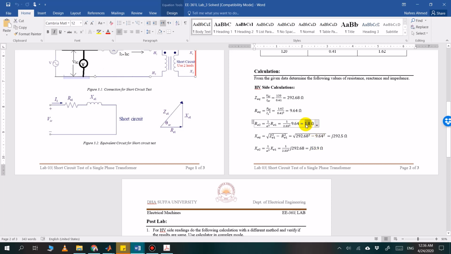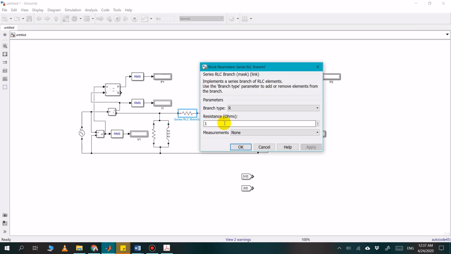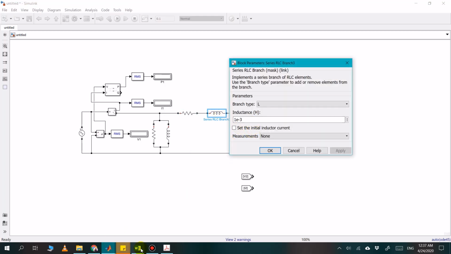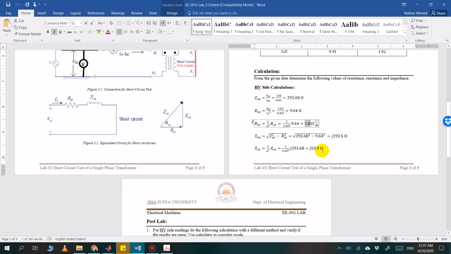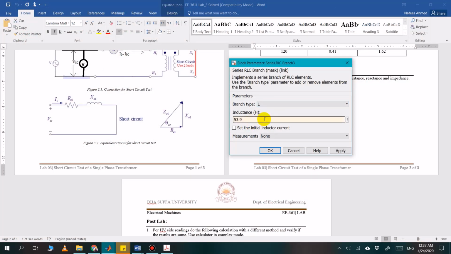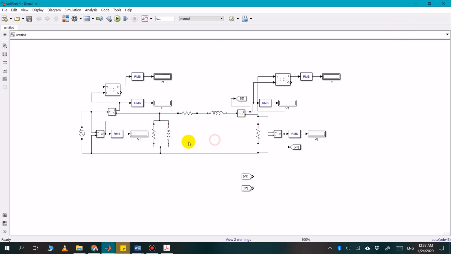So 1.8 and 53.9. Again I have to divide it by 2 pi f to get L. Okay, that's it. We are done with the values.